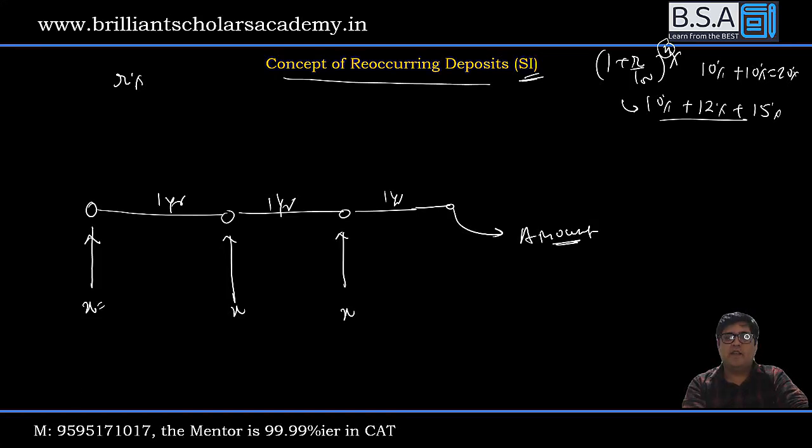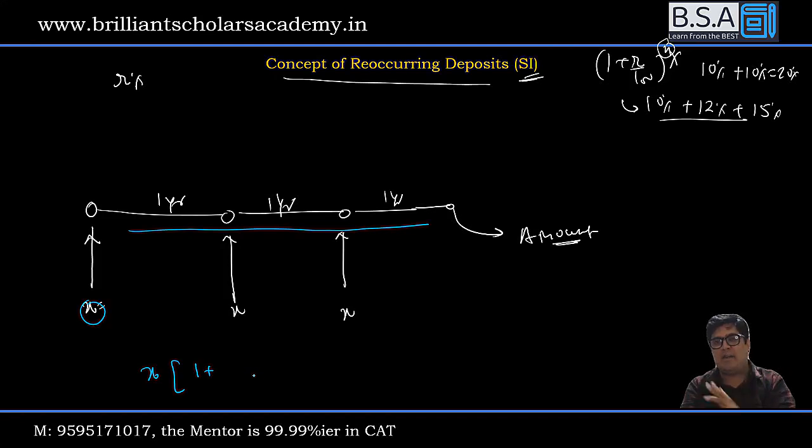Now you can do this in 3 steps. This X rupees was there in the bank for 3 consecutive years. This X rupees will increase by R percentage 3 times, R plus R plus R. So 3R upon 100. It becomes very easy for you to work with. This X rupees goes into the bank and stays there for 2 years.